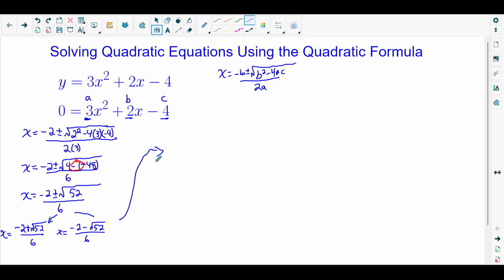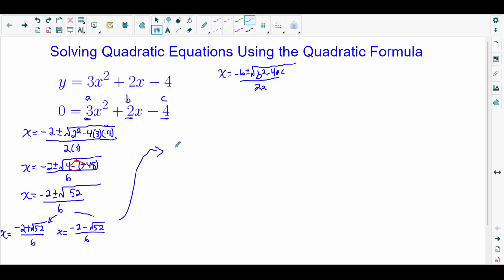So on my calculator, I'm going to type in negative 2 plus the square root of 52. And then I'm going to make sure that I press the equals sign because I don't want to just divide the square root of 52 by 6. I want to divide everything. So I'm doing negative 2 plus the square root of 52, pressing the equals sign, and then I'm dividing by 6.